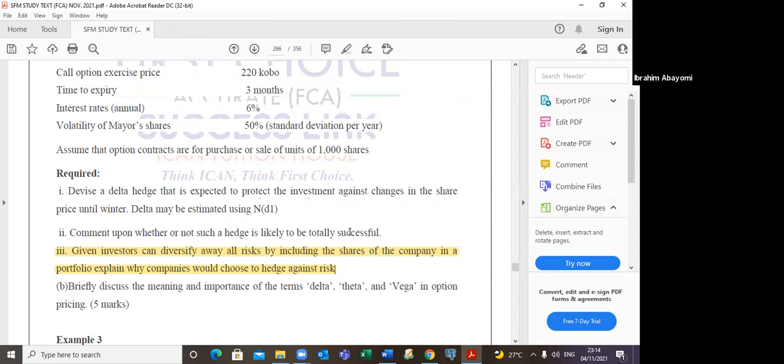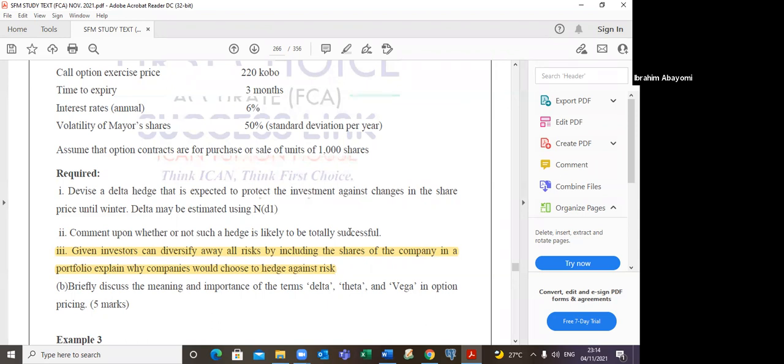Therefore, investors need to be concerned with total risk.